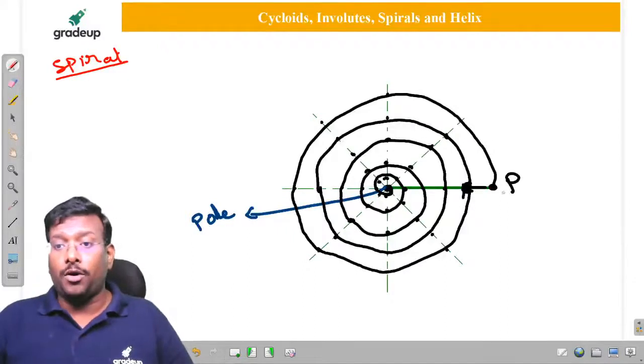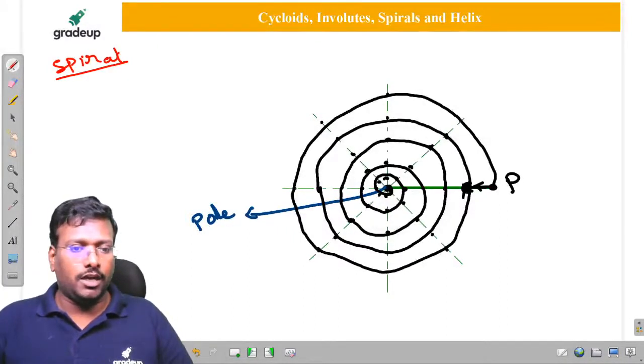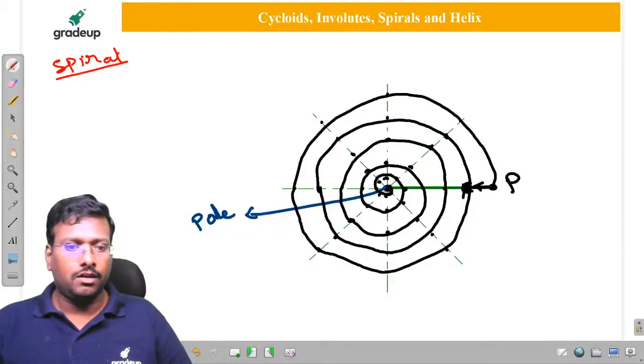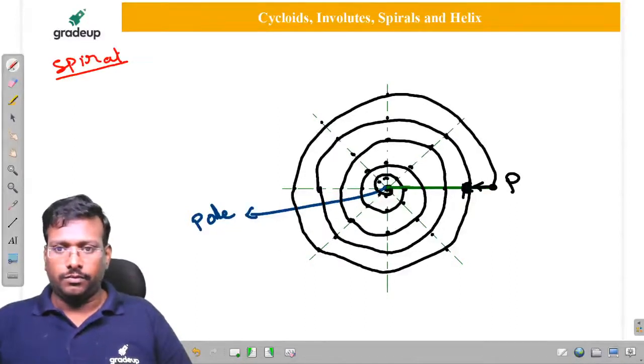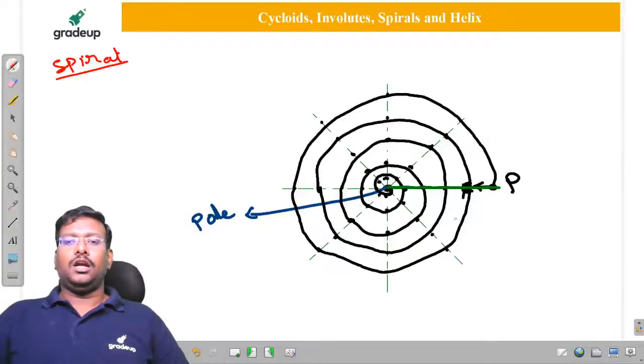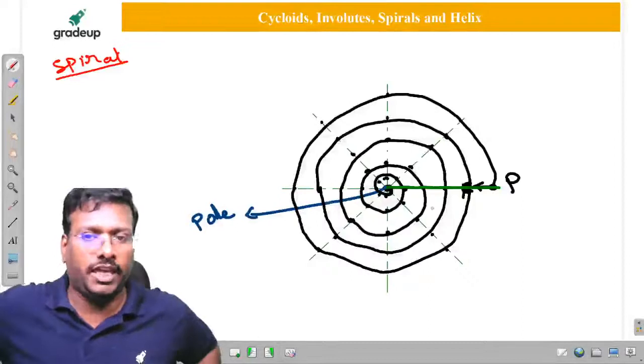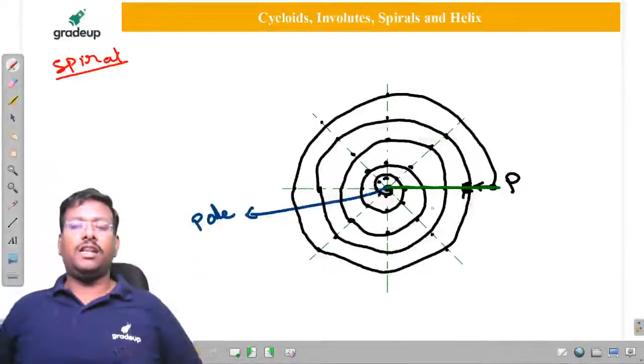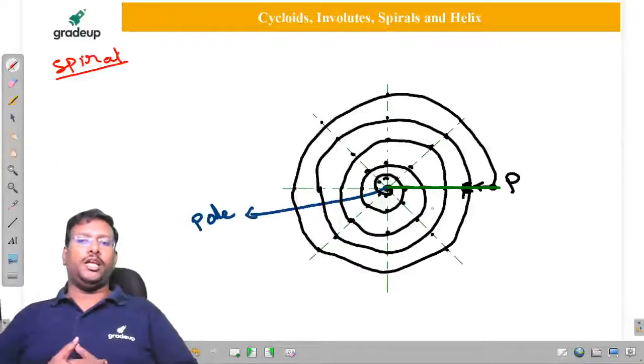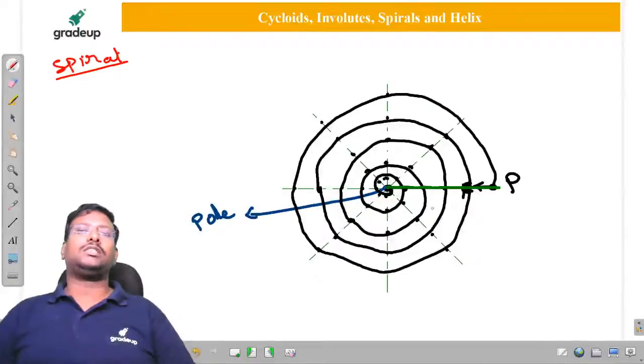So if a point is moving on a straight line or a circular disc, when the disc is rotating or a line is rotating about one point, that point is called the pole.